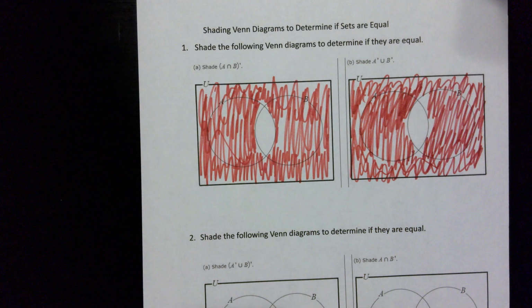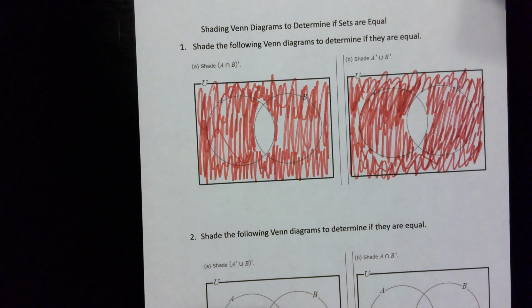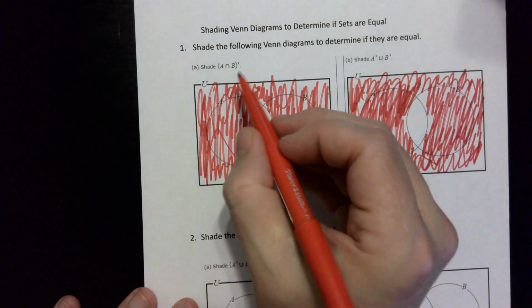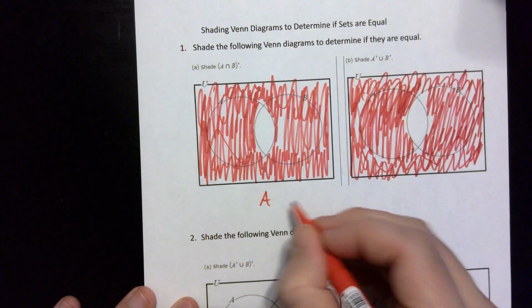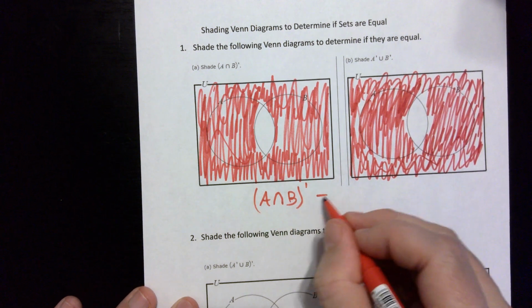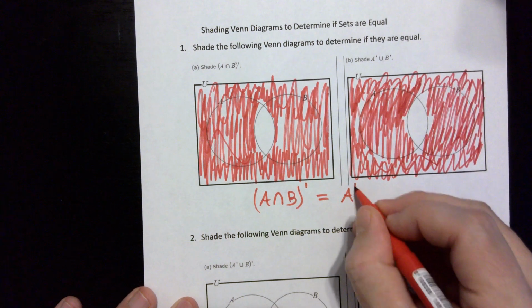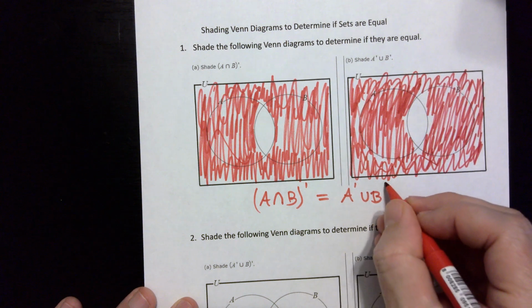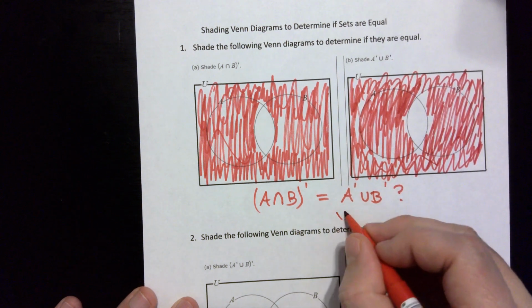Okay, so we go and we look at our two shaded and we say, are these two things equal? Is this A intersect B complement equal to A complement union B complement? And the answer is yes, those two things are equal.